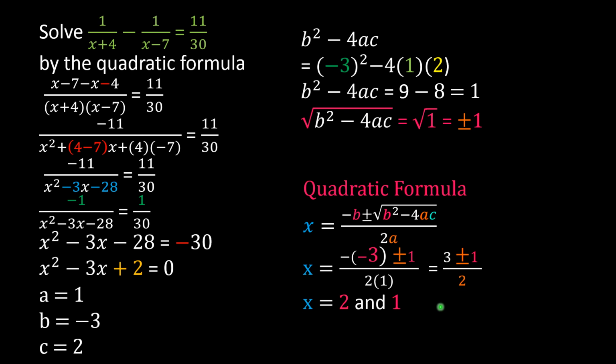Now 3 plus 1 is 4. 4 divided by 2 is 2. 3 minus 1 is 2. 2 divided by 2 is 1. So 2 and 1 are the required roots of this quadratic equation, which we have found out by the quadratic formula. So this is about solving quadratic equation by the quadratic formula.